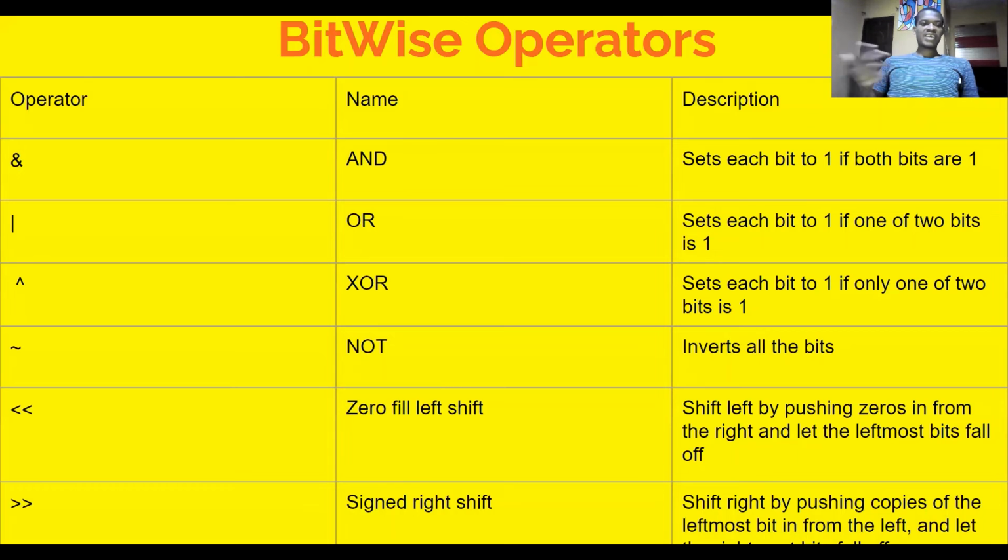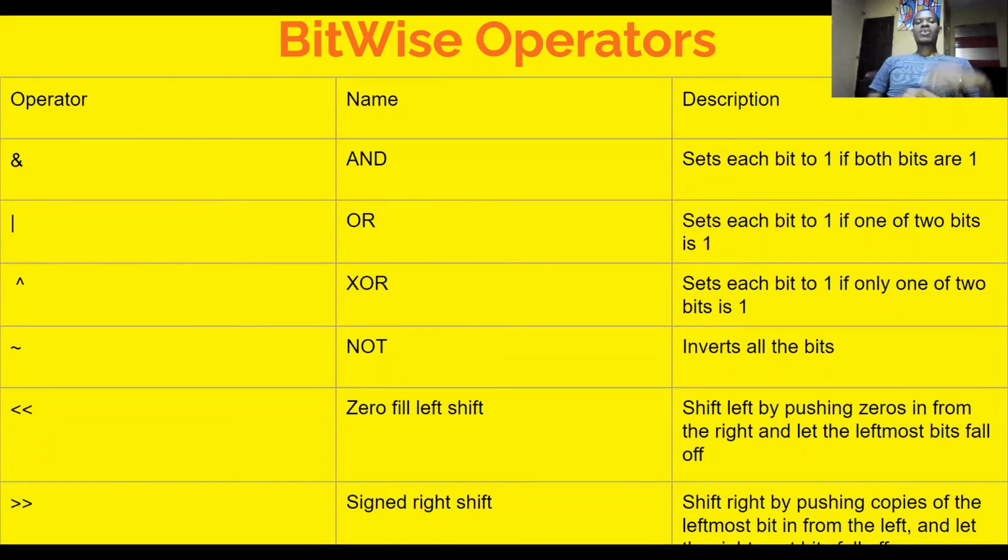There are several use cases for these bitwise operators. You have the AND operator, which is a basic AND symbol, as you can see. This one sets each bit to 1 if both of them are 1. For example, you want to add two numbers, and you have the two of them in binary formats. It looks at the two that you're adding and checks to see if both of them are 1, and sets the result to 1.